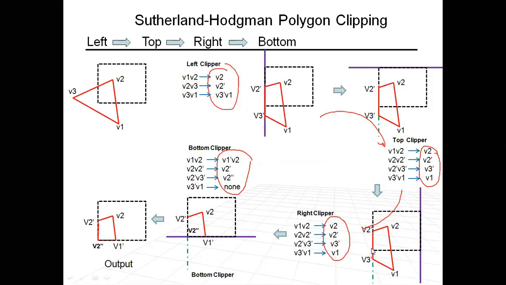Now when the clipping is done, you have generated a new point, that is V2 dash. Again a V2 dash to V2 double dash, a line is generated. So 2 times this line has been drawn. One was drawn during the right clipping, another time this line is drawn during the bottom clipper. Okay, so that is the problem with this polygon clipping algorithm.